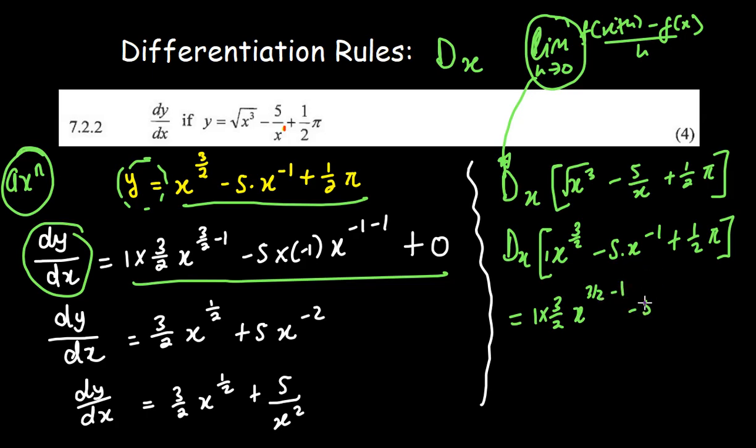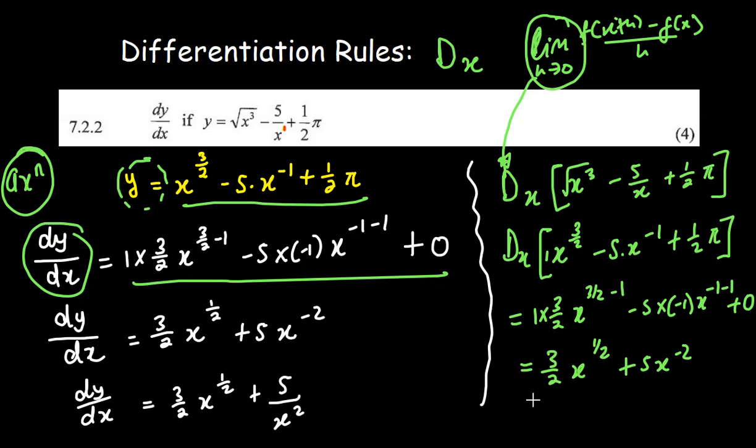Then minus 5 times negative 1, x to the power negative 1 minus 1. Then remember the derivative of that other one is 0, because it's a constant. So your final answer will be 3 over 2 x to the power of half, and then plus 5 x to the power negative 2, which is exactly the same thing as this one. So the working out is not different, just the way of writing is different.